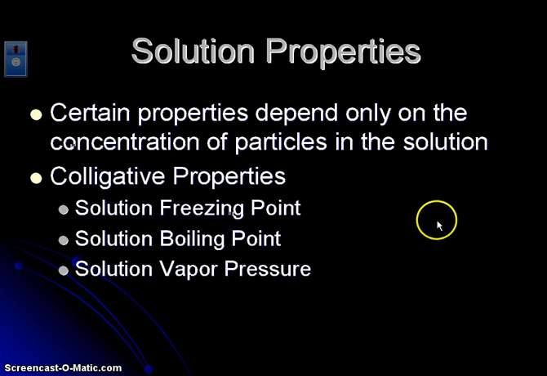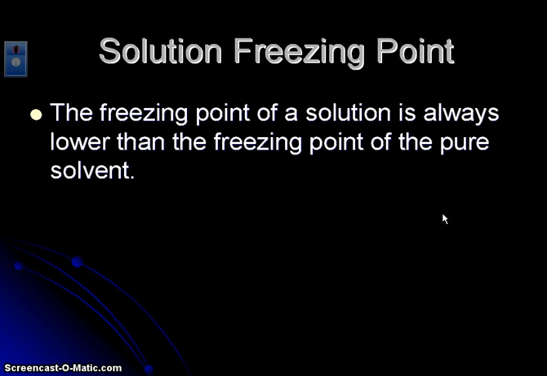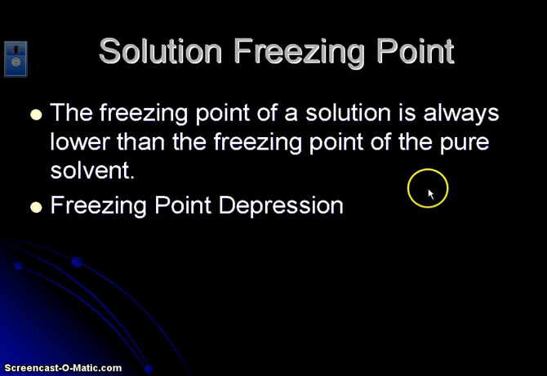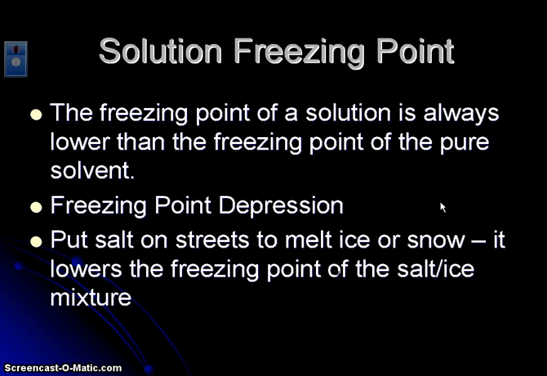In the case of solution freezing point, the freezing point of a solution is always lower than the freezing point of the pure solvent. This phenomenon is known as freezing point depression. When you add something to the solvent, it depresses the freezing point. You may be familiar with when cities put salt on the streets to melt snow or ice.